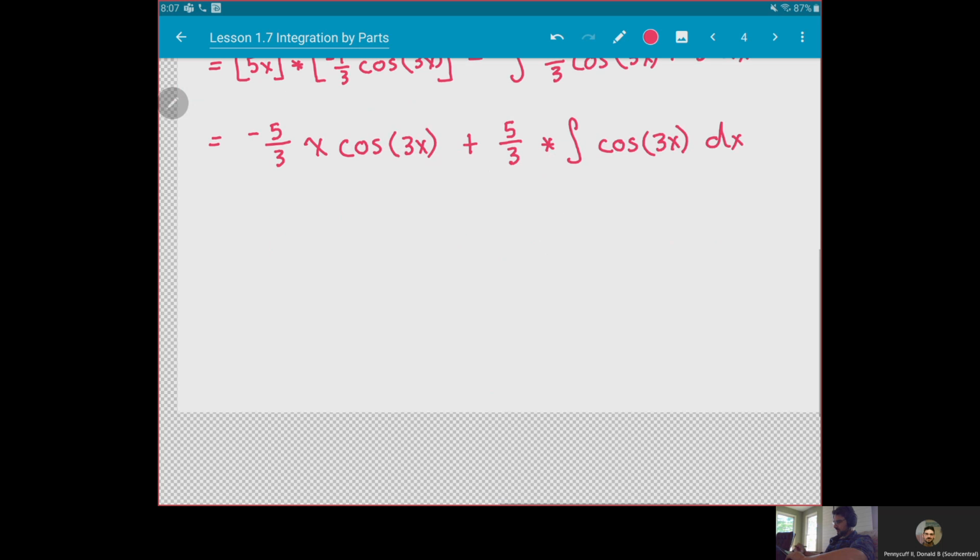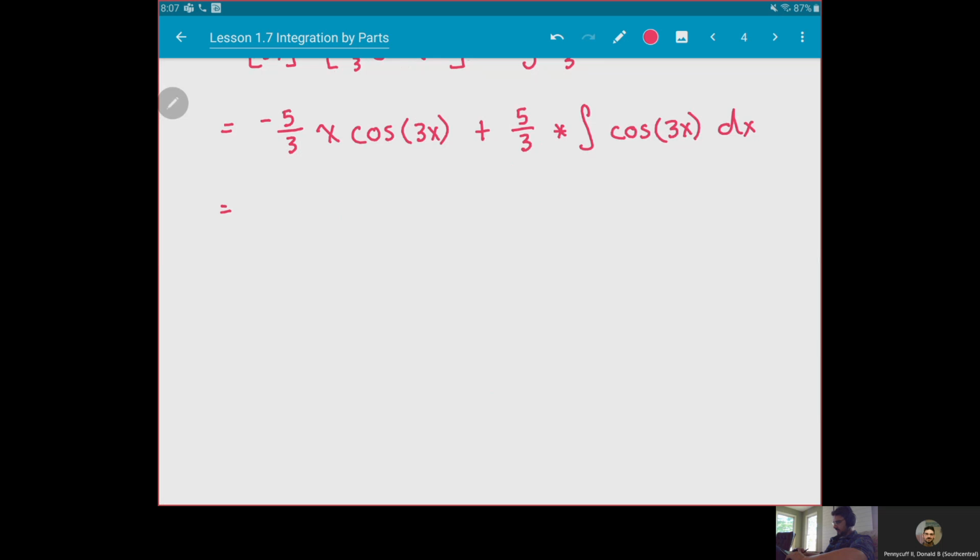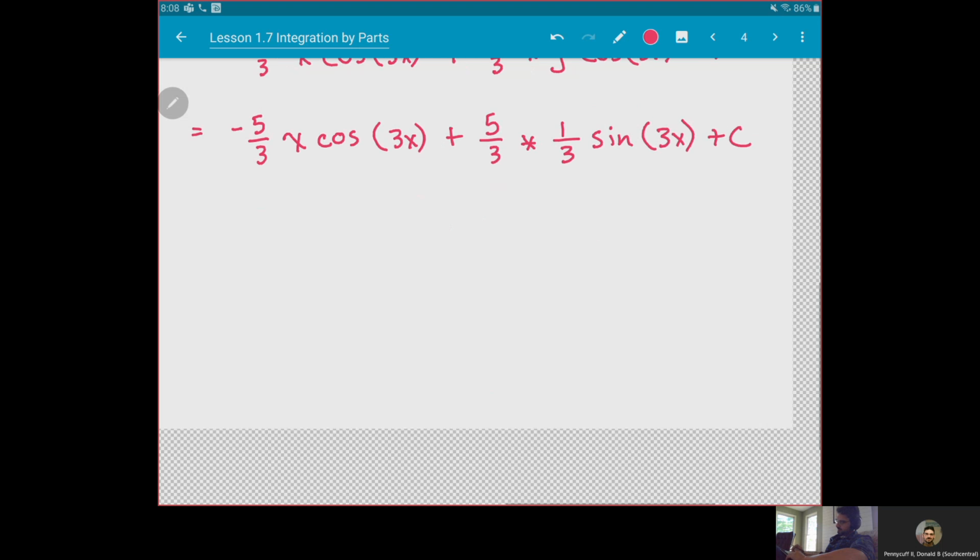All right, so that's going to be negative 5/3 x cosine 3x, not times, plus 5/3 times 1/3 sine 3x plus c.